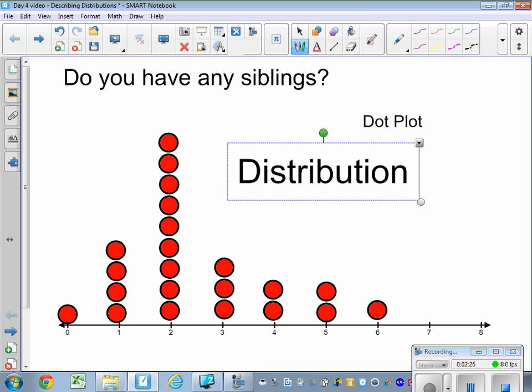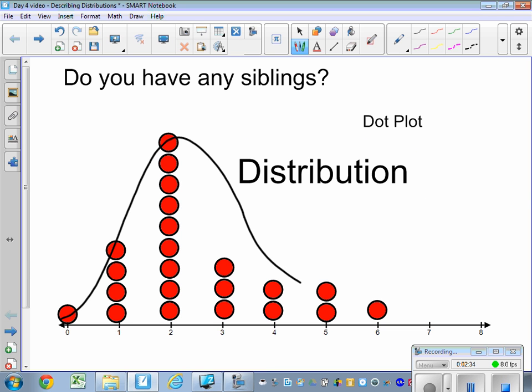So let's look at this distribution. First thing, what is the shape? If I was going to draw, let's just kind of draw in like that. That's the general shape of the distribution. When we talk about shape, is it symmetric, meaning is it balanced, or is it skewed?